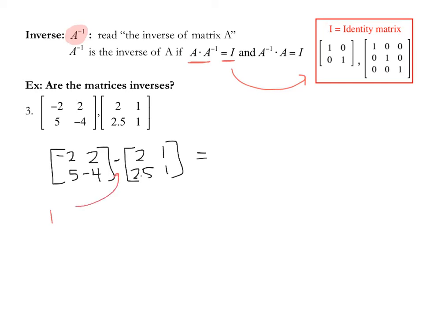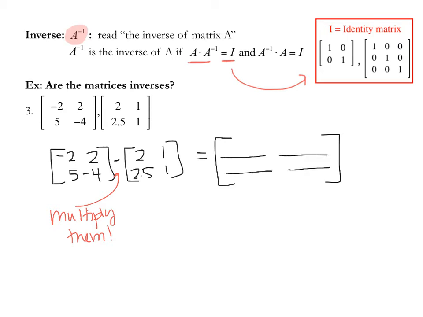That's all you have to do here. We're multiplying them. So if I multiply, just like we did in the last lesson, this is a 2 by 2 times a 2 by 2, so I'm going to end up with a 2 by 2. And then it's going to be first row times first column. That's going to be negative 4 plus 5.